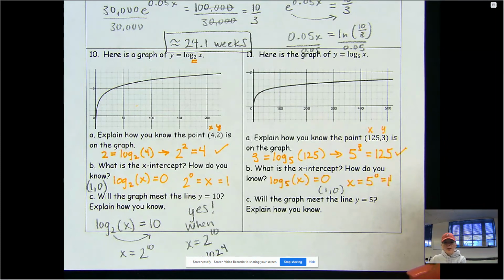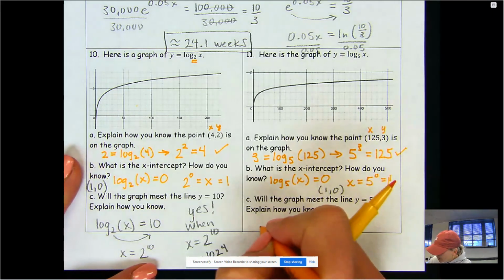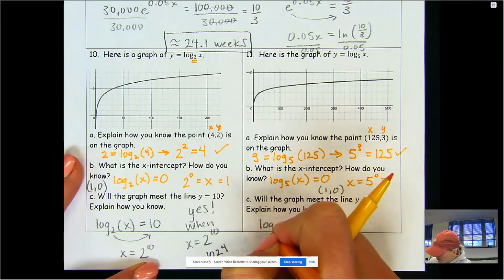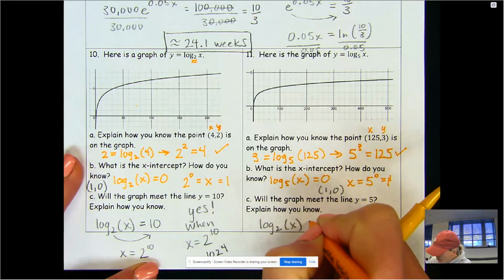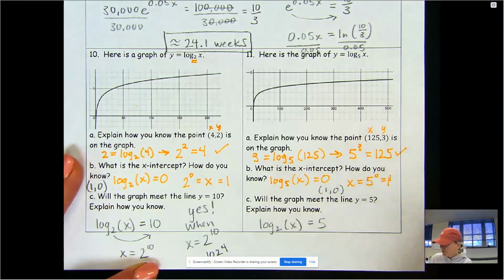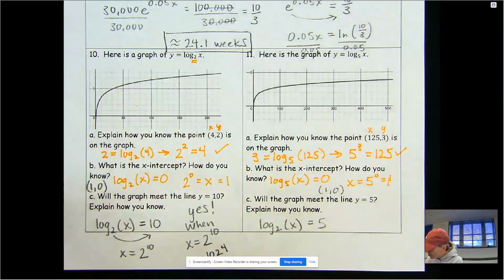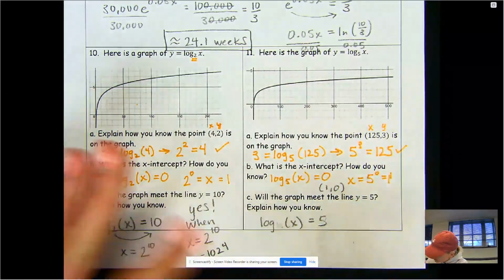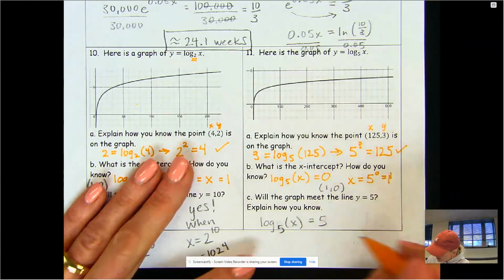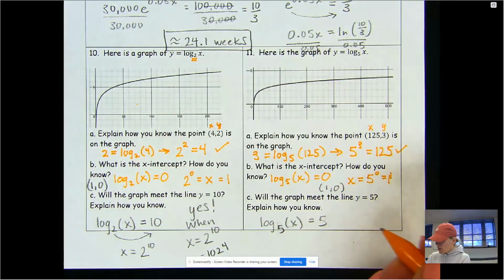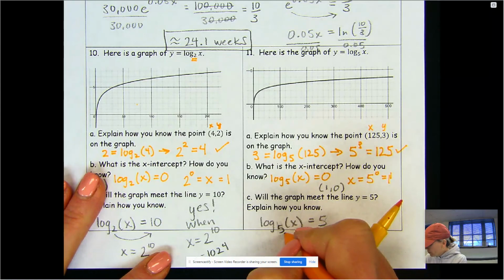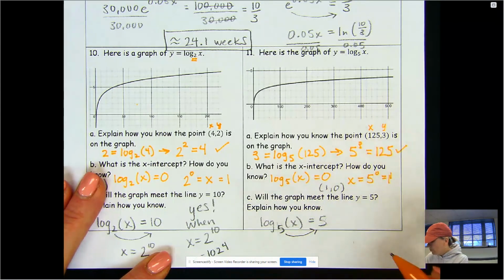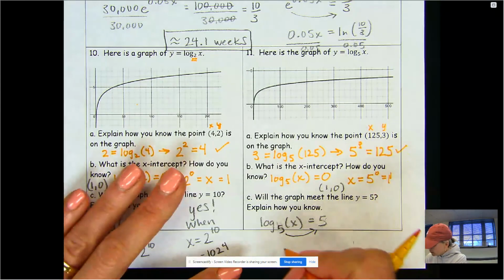And then finally, will the graph meet the line y equals 5? Explain how you know. So we're looking at log base 2 of x. Will that equal 5? Oh, not base 2, sorry about that, base 5. Log base 5 of x. Yes, it will. We just switch forms, move the 5 over; it's going to be the base of the exponent.